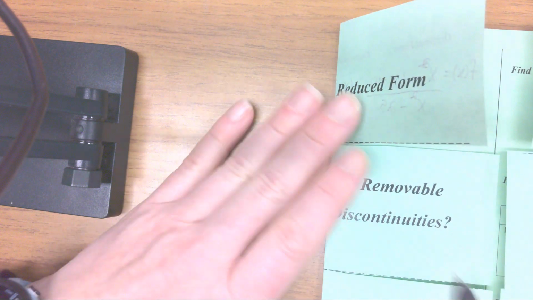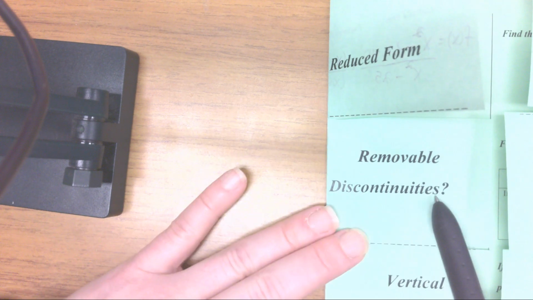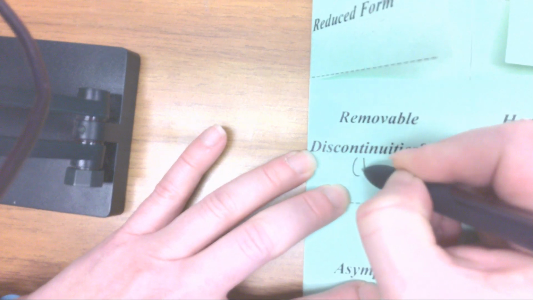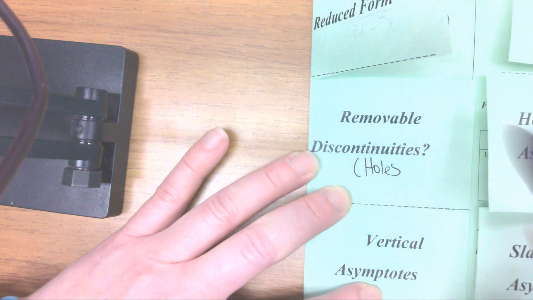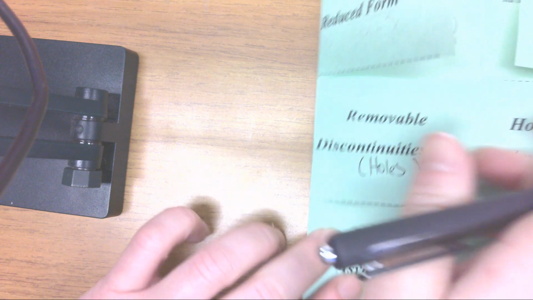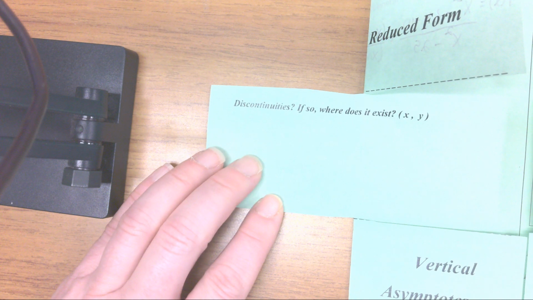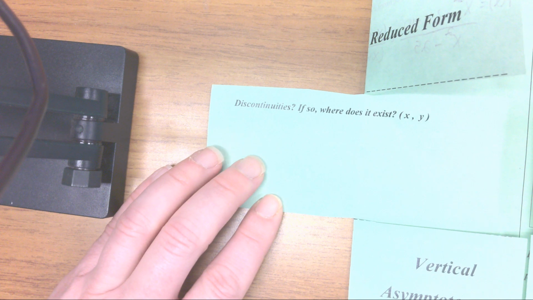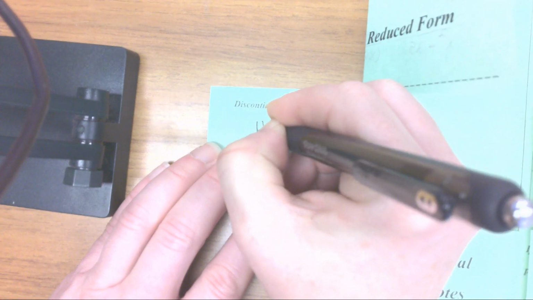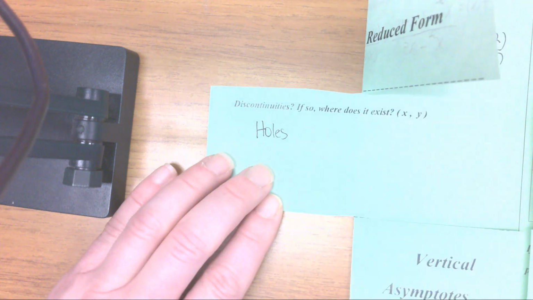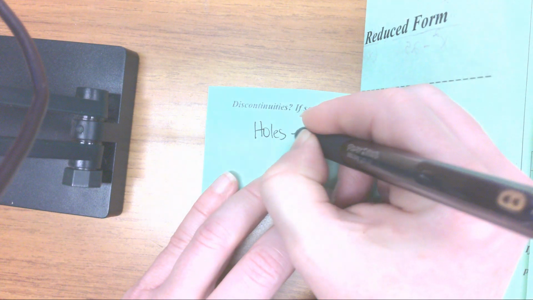Removable discontinuities, those are also called holes. In this one, do discontinuities exist, and if so, where? The holes are going to happen when there is the same factor on top and bottom.